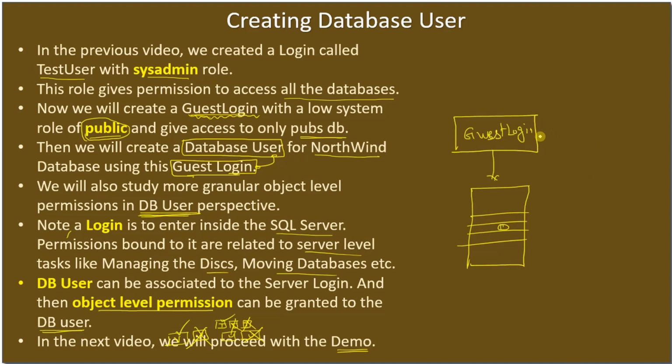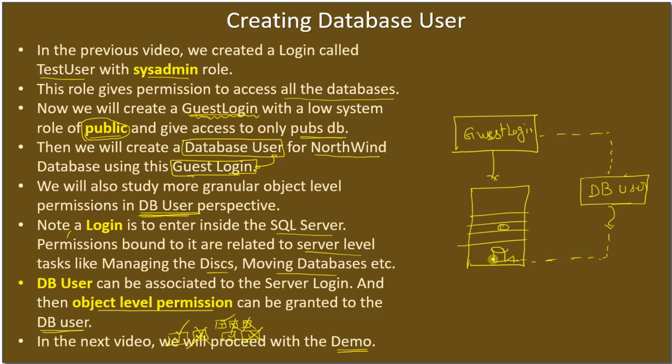Then we will map this user to some credential called DB user, we can say. The DB user will have access to specific databases and database level objects inside the server.